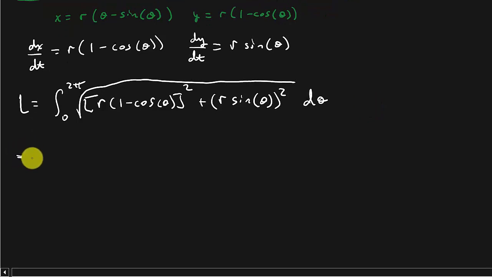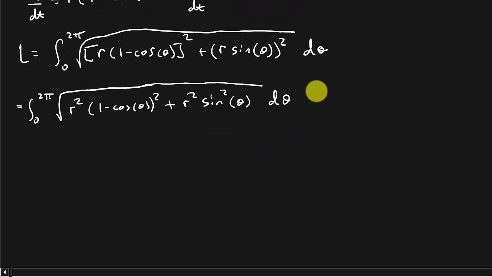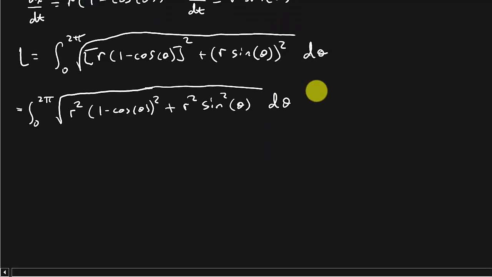This is the square root of r squared times 1 minus cosine theta squared plus r squared sine squared theta, d theta. Let's multiply this out. That's going to be r times the integral from 0 to 2 pi.